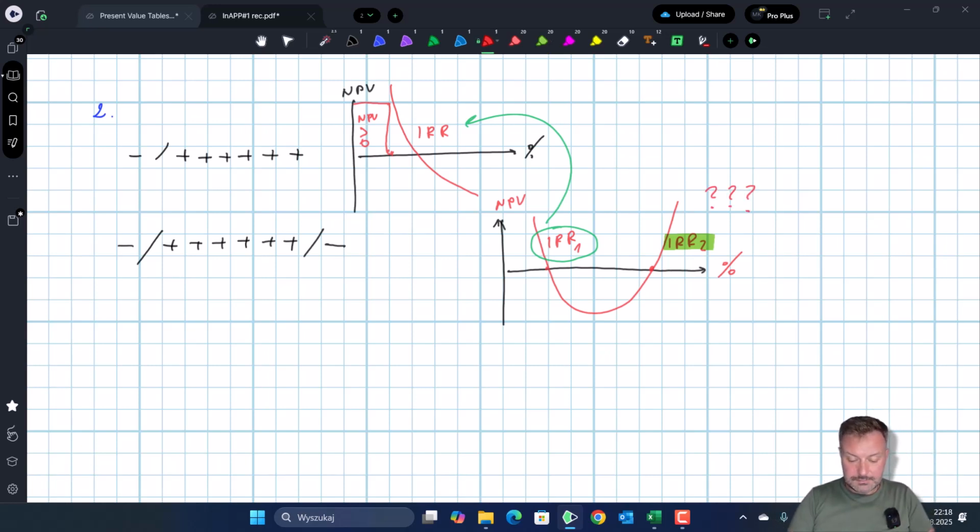Just to sum up, while internal rate of return is a very useful measure, maximizing internal rate of return is not the goal of investment appraisal. Maximizing NPV as the measure of absolute return is the goal.